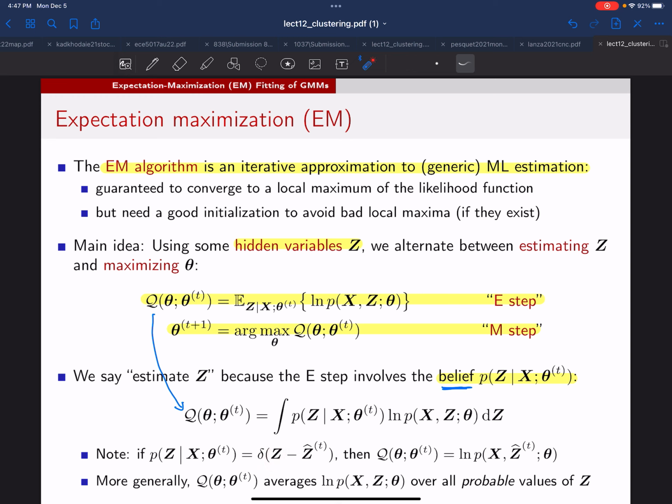So that's why you use this whole distribution across different possibilities of z. So when you think about this Q function, you're basically averaging this quantity over all the probable values of z. Okay, so it's averaging this joint log distribution over all probable values of z.